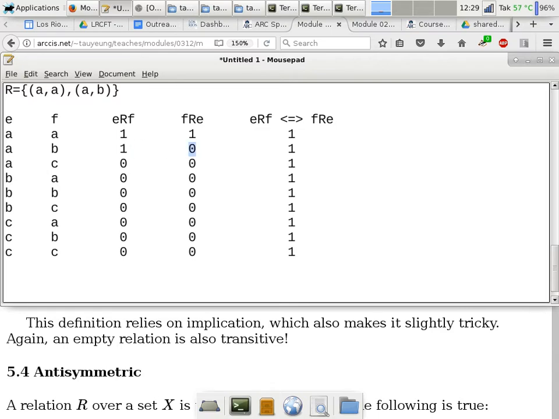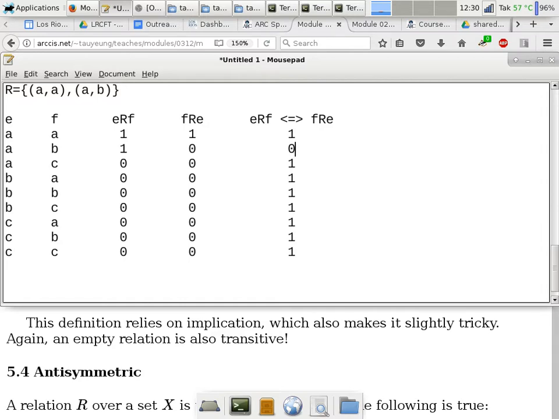That one is missing. So now, when we reevaluate the if and only if, we have true if and only if false. That is false. So look at this column here: at least one item is a false, so the entire thing is not true anymore. This particular relation is not symmetric.